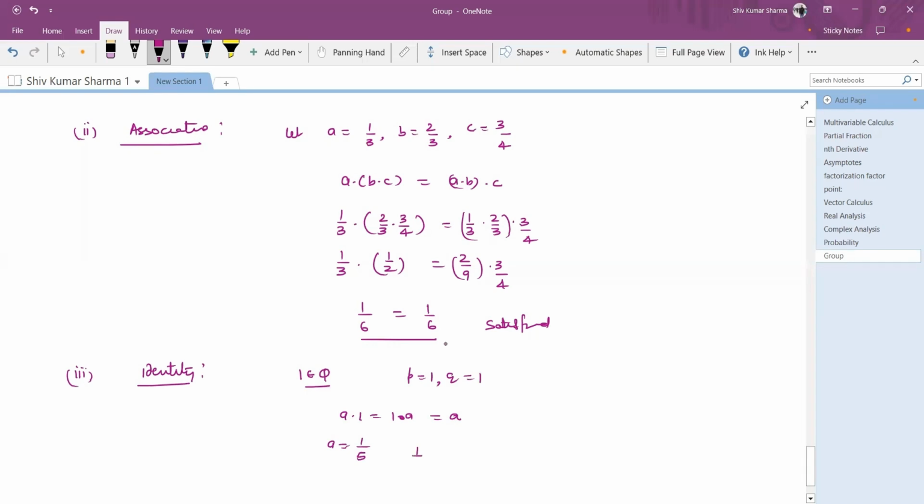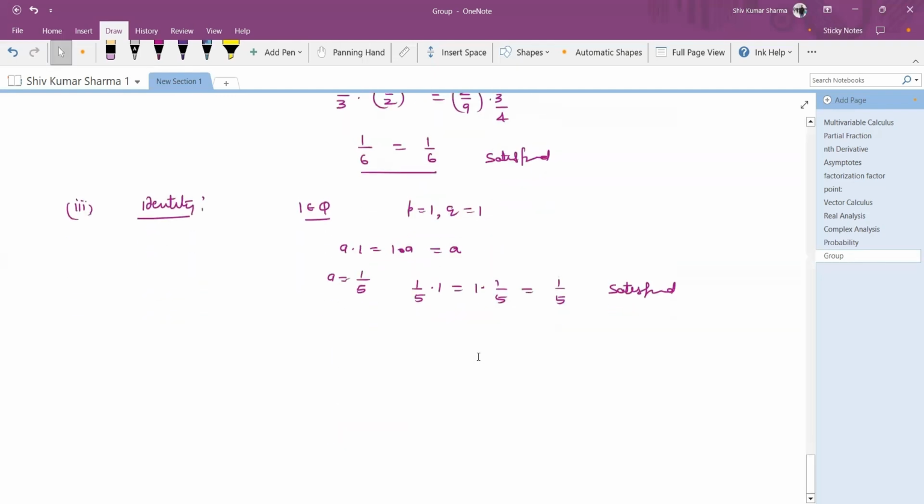So we can write 1 by 5 into 1 is equal to 1 into 1 by 5 equal to 1 by 5. So satisfied. You can take any value of A from the set of rational numbers and multiply by identity 1, it gives the same number.